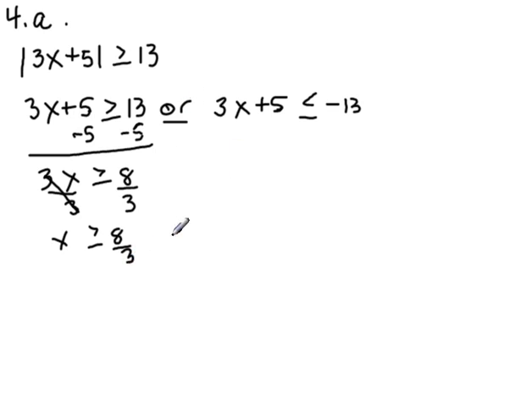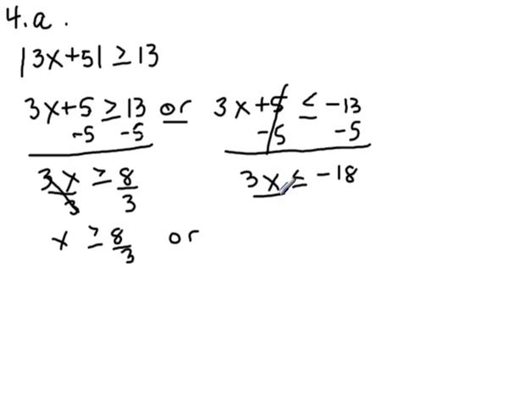Okay, or for my other situation, I subtract 5. Same thing here. It cancels on this side. I have 3x is less than or equal to negative 18. Divide by 3 on both sides, and x is less than or equal to negative 6.